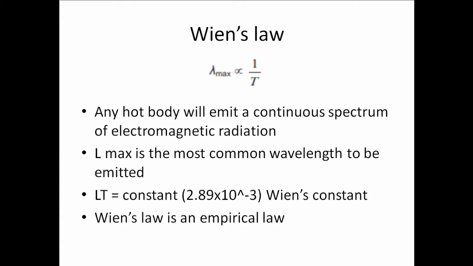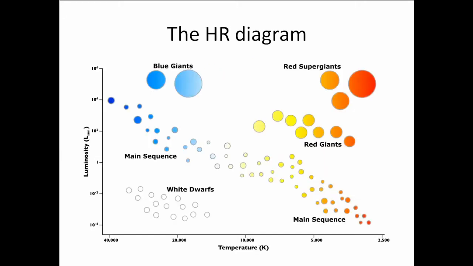So then we have Wien's law, which suggests that the maximum intensity of light is inversely proportional to the temperature of the body. So if you look up here, cold stars emit more red wavelengths and hotter stars emit more blue wavelengths.